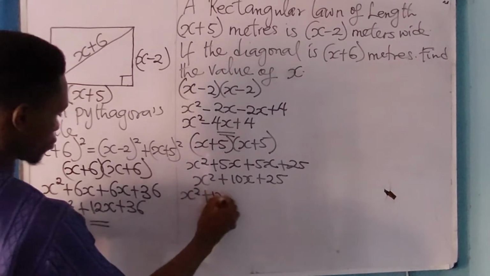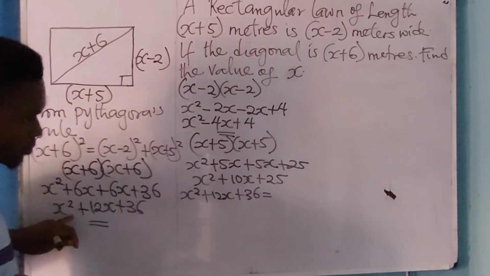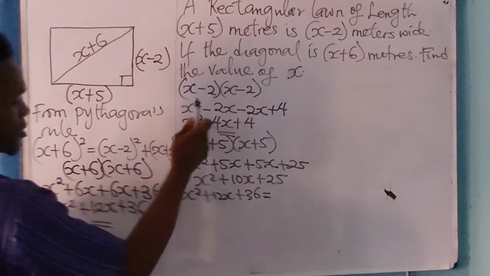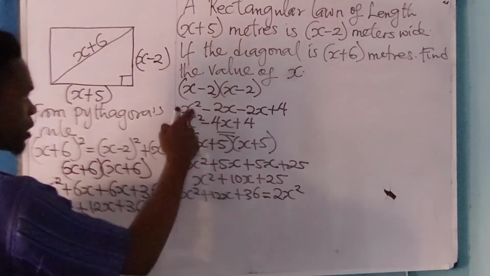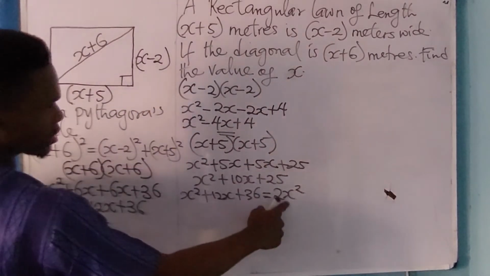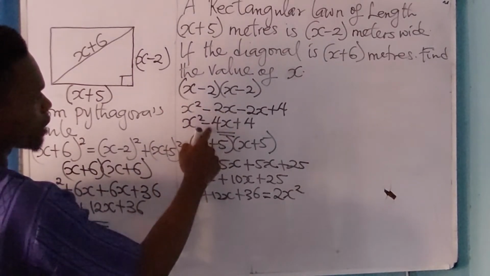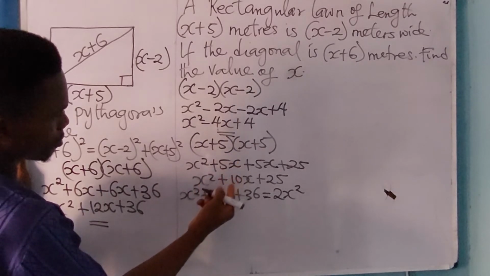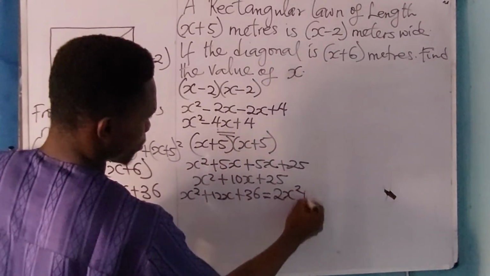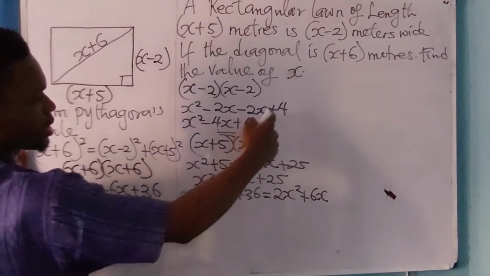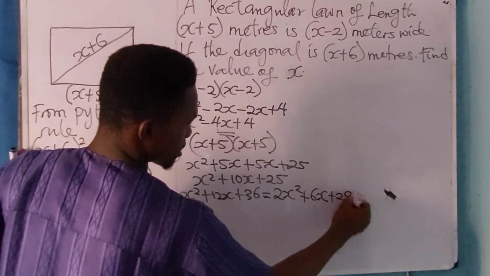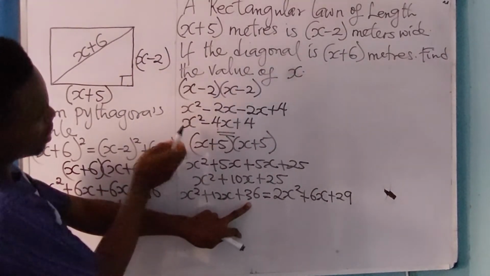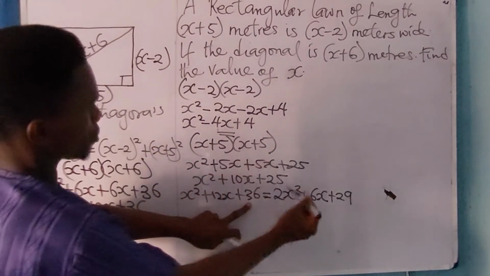By my left hand side I have x squared plus 12x plus 36 equals, on the right, x squared plus x squared, which is 2x squared.